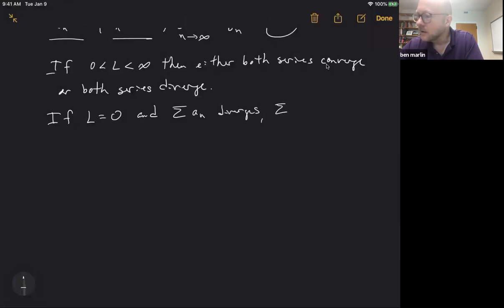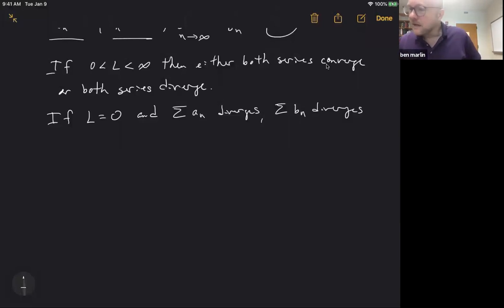Then the ones on the bottom have to diverge as well, okay? Because something that diverged had a smaller growth rate than the thing that was being divided by. So the thing it was dividing by had to have diverged as well.